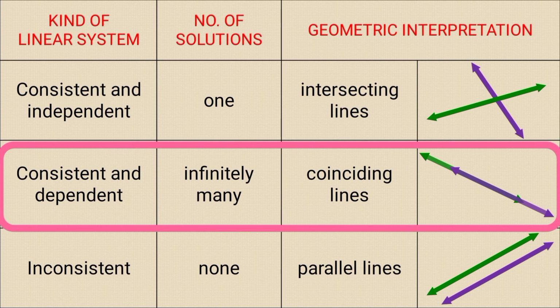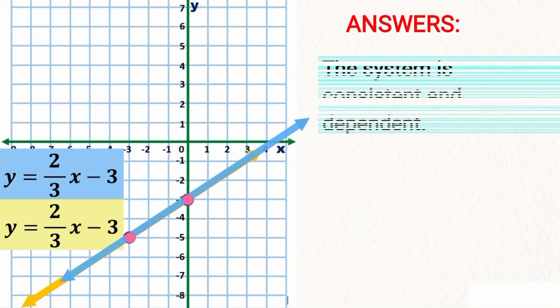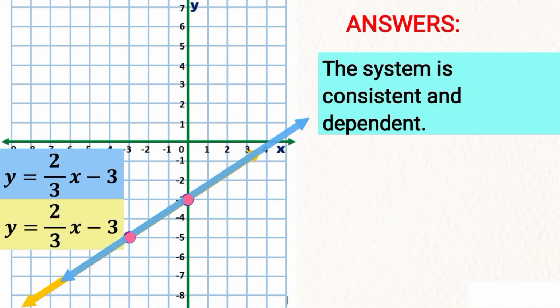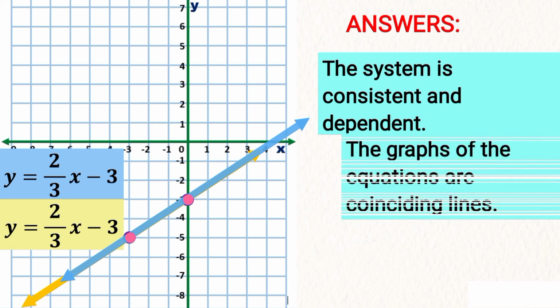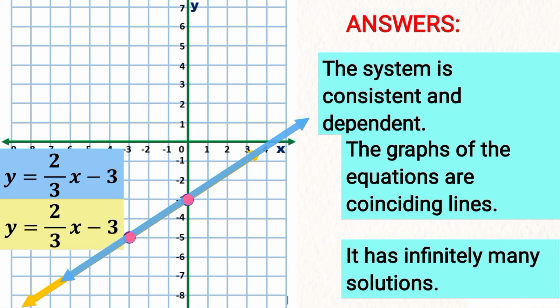So the lines coincide. So remember, the system is consistent and dependent. The graphs of the equations are coinciding lines, and it has infinitely many solutions.